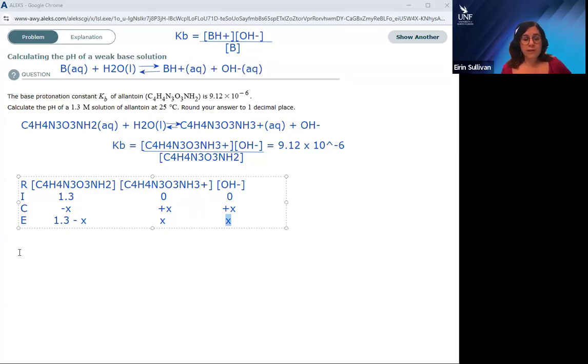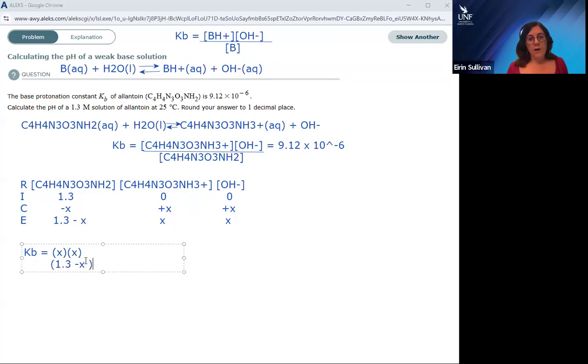Then we're going to stuff these equilibrium concentrations in terms of X into our equilibrium constant expression. So that's going to be X as the concentration of our conjugate acid, X as our concentration of hydroxide, and 1.3 minus X as our concentration at equilibrium of our weak base. And we know that this is going to equal our base protonation constant, which in this case is 9.12 times 10 to the power of minus 6.